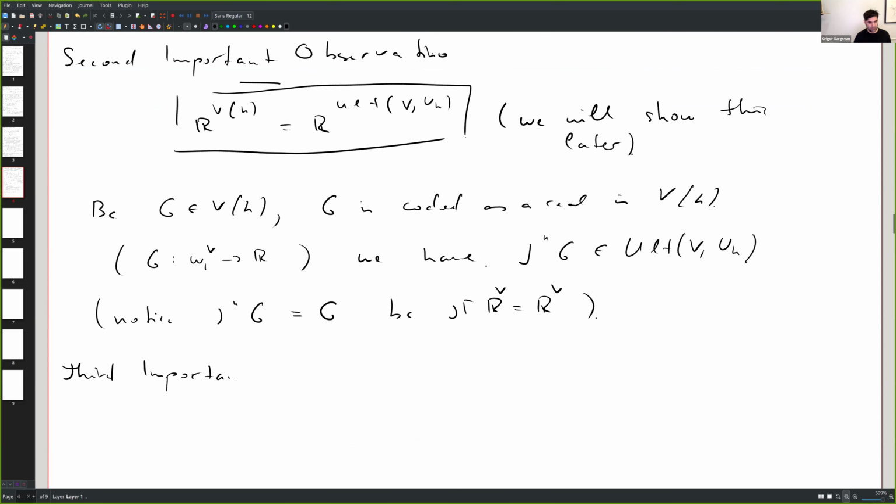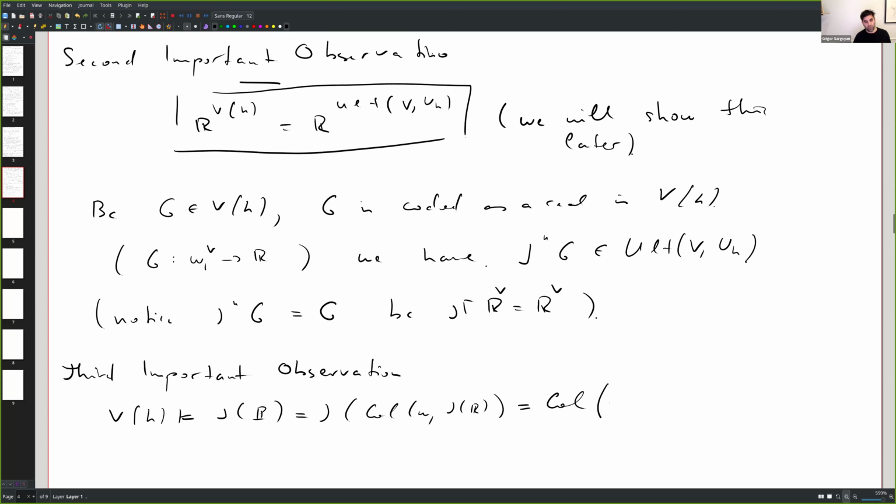This is that VH thinks JP, which by the way is J of Col(omega 1, R^V), is equal to Col(omega 1, R) of VH, because of the equality here.